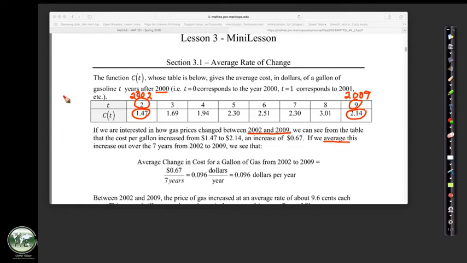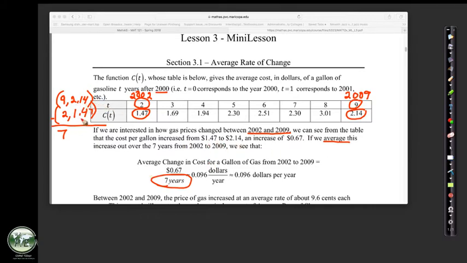I'm just going to write it over here: 9, 2.14 and 2, 1.47. So 9 minus 2, subtract, right? 7. That's where they got 7 years. They did the subtraction up here.